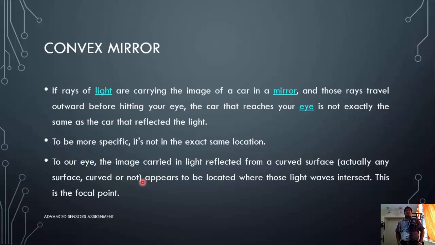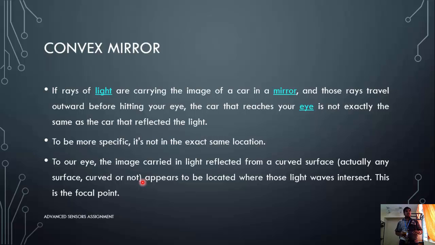What is meant by convex mirror? If rays of light are carrying the image of a car in a mirror and those rays travel outward before hitting your eye, the car that reaches your eye is not exactly the same as the car that reflected the light. To be more specific, it's not in the exact same location.